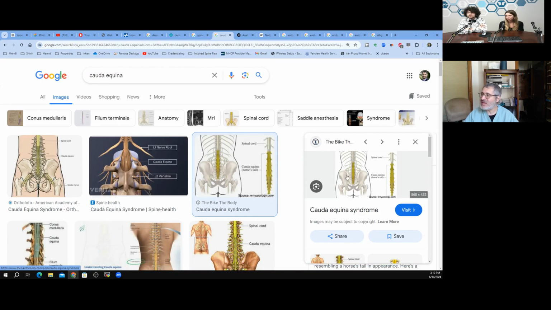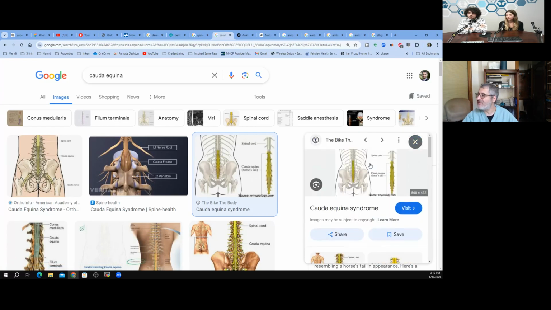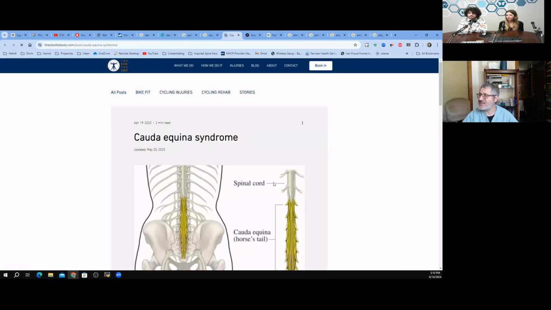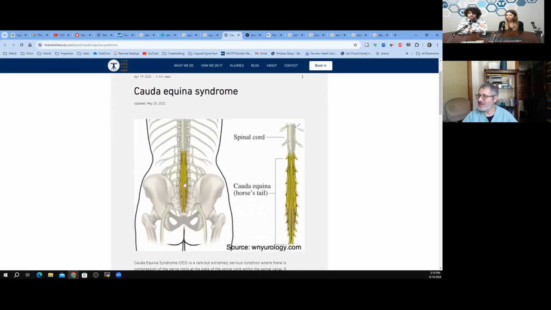By the time we are an adult, the spinal cord actually stops at L1. But then after that, all the nerves that are going to come out of our lumbar spine go down, and they do look like the tail of a horse, hence cauda equina.